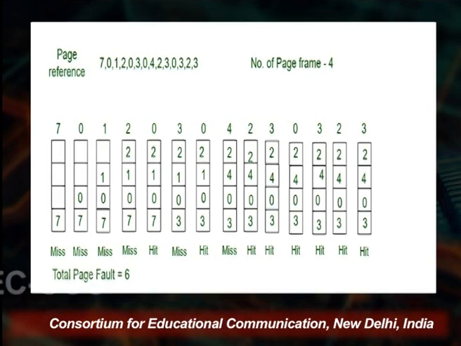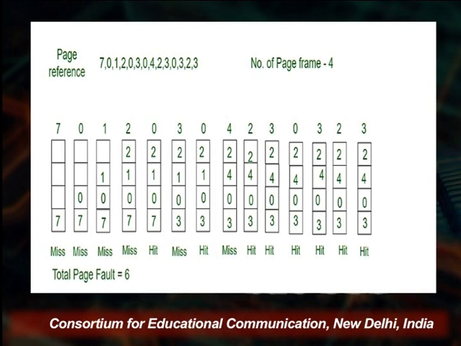How this is going to be implemented, let us see with the help of an example. Here is the example being shown on the screen. We have a page reference string 7 0 1 2 0 3 0 4 2 3 0 3 2 3. There are requests for different pages, and the number of page frames is 4.